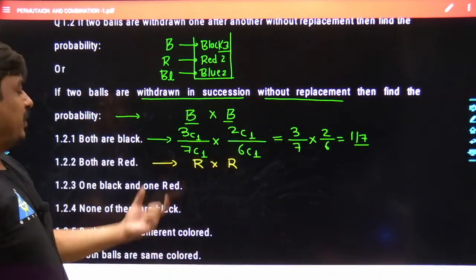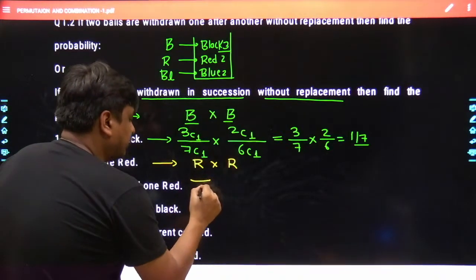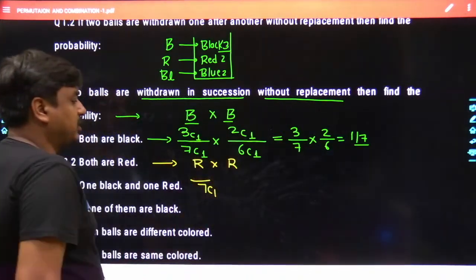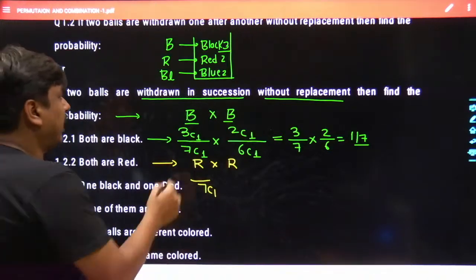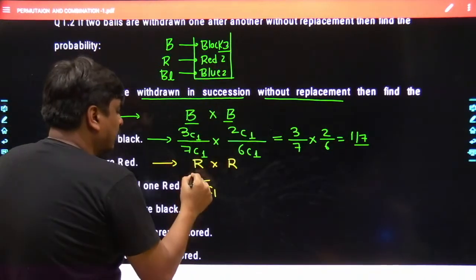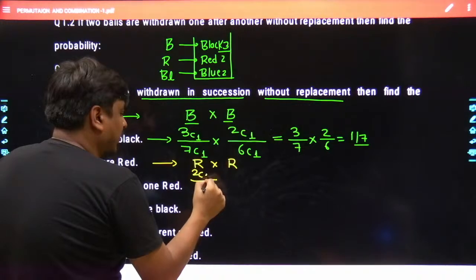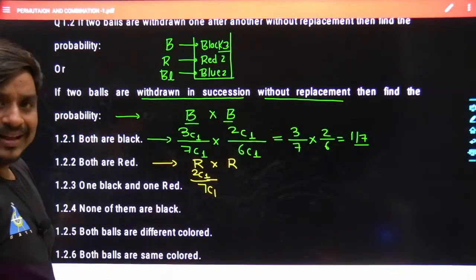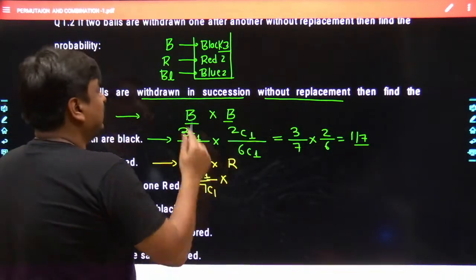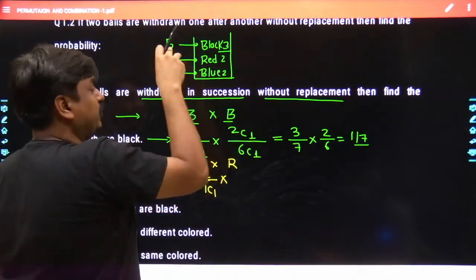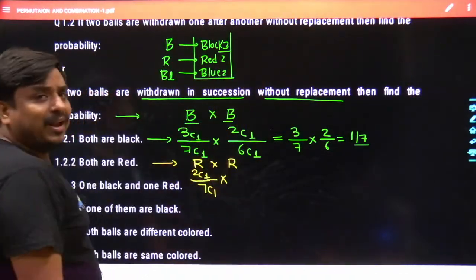How would the first ball be red? Out of 7 balls, we are going to select 1 ball. And how many red balls did we have? 2 red balls. So out of 2 red balls, we are going to select 1 red ball. Now if you have selected that red ball, and this is the case of without replacement, obviously that red ball has to be discarded.